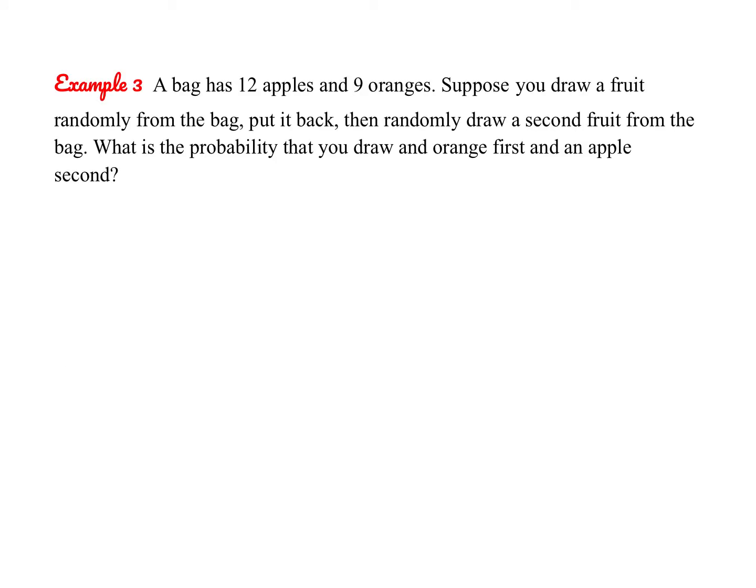All right, so let's give this next example a try. This says a bag has 12 apples and 9 oranges. Suppose you draw a fruit randomly from the bag, put it back, then randomly draw a second fruit from the bag. What is the probability that you draw an orange first and an apple second?